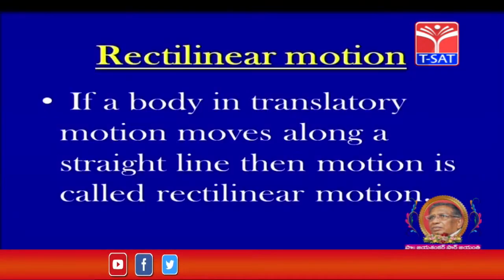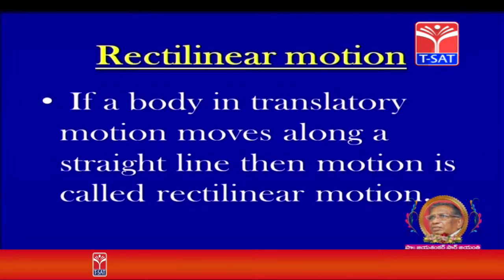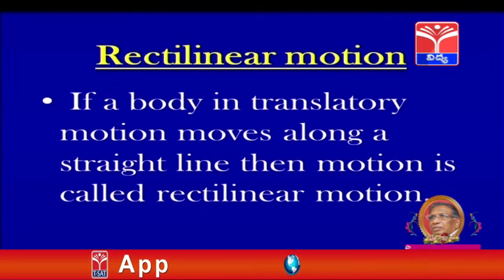Children, this translatory motion is again of two types. One is rectilinear motion and the other one is curvilinear motion. We will define and learn what rectilinear motion is. If a body in translatory motion moves along a straight line, then the motion is called rectilinear motion.